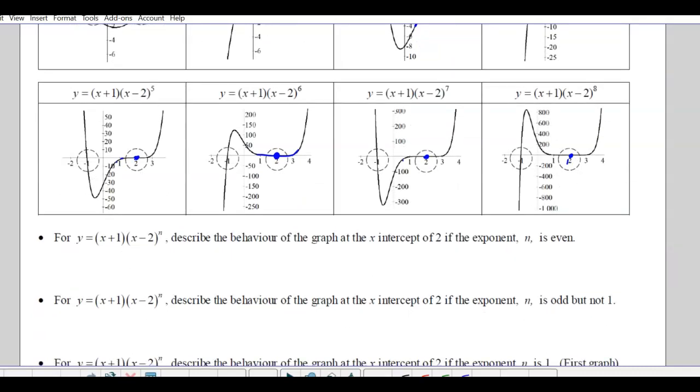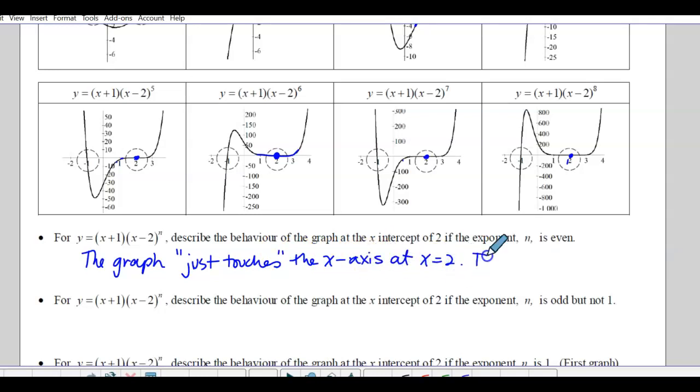That's our next question here. It says describe the behavior of the graph at the x-intercept of 2 if the exponent n is even. Okay, the graph just touches the x-axis at x equals 2. It does not pass through.